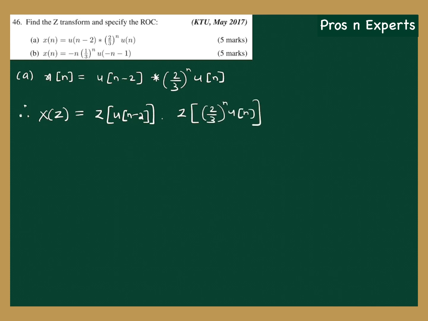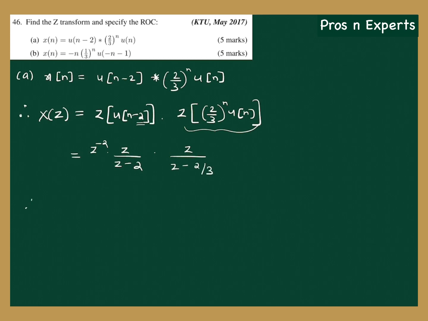This is pretty simple because the Z transform of u of n is z by z minus 1, but there is a time shift of 2 units, so z raised to minus 2 into z by z minus 1, into, what is the Z transform of this term? This is a direct one. We know the relation z by z minus 2 by 3.